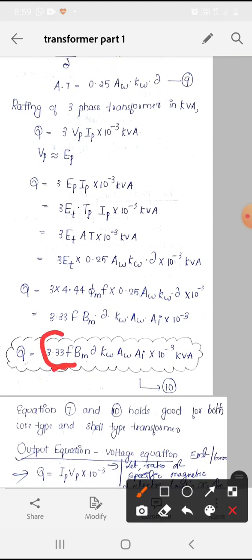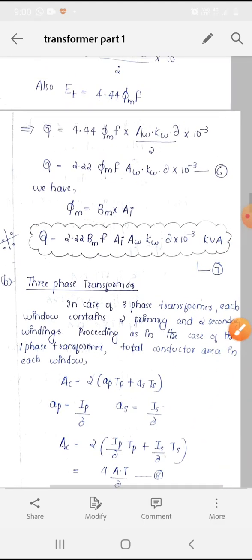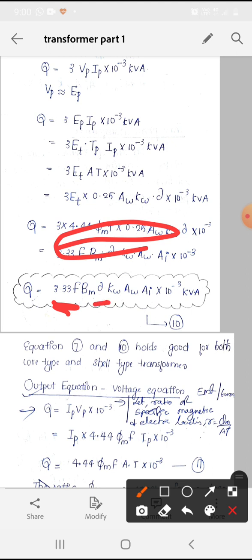Okay, it's easy for you to remember because for single phase it was 2.22 and for three phase, after multiplication, it changed into 3.33. The rest is the same: f Bm AI AW KW delta into 10 raised to minus 3 kVA. Okay, so these two are the equations for single phase and three phase transformer.